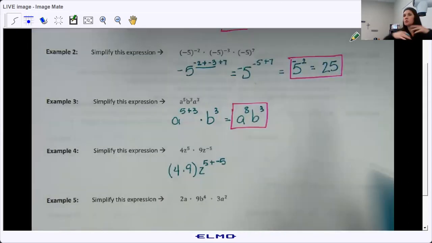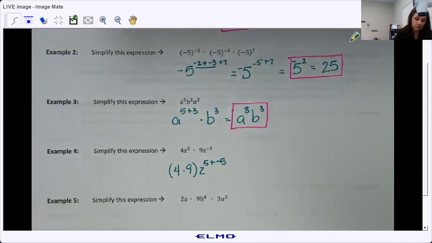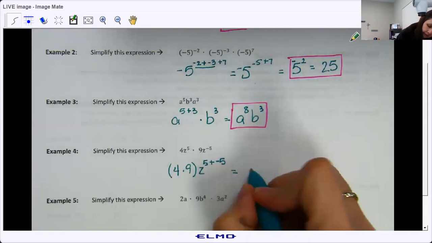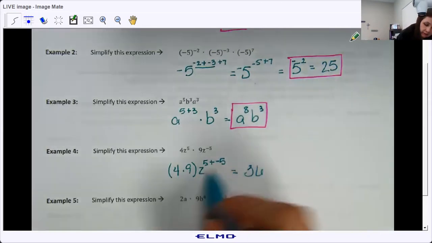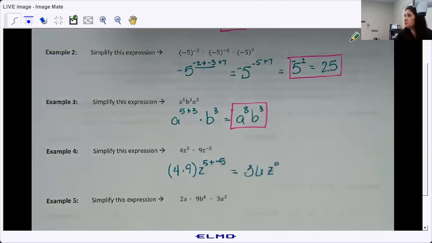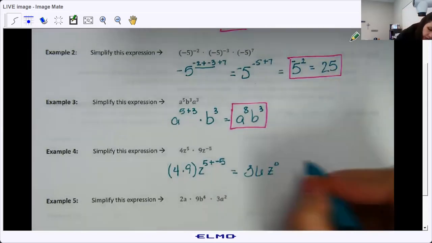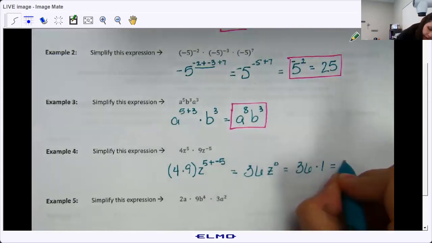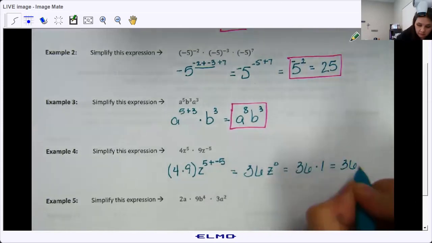Any coefficients, you just multiply them all together. And 4 times 9 is 36. And then you have z to the power of 0. What is z to the power of 0? 1. So really you just have 36 times 1, which is 36. And that's your final answer.